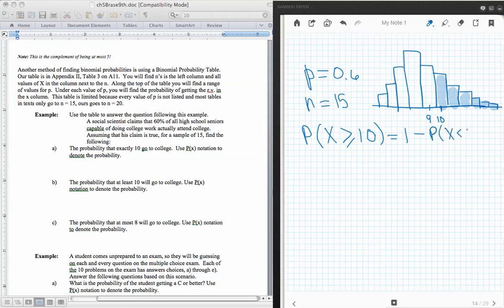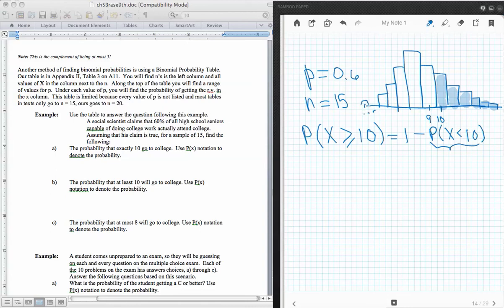That's actually the complement of being greater than or equal to 10. But less than 10, you see there's no distinction here. It's either 9 or 10. So less than 10 is actually 9, 8, 7, 6, 5, and so on and so forth, on down here to our bar that would represent 0.